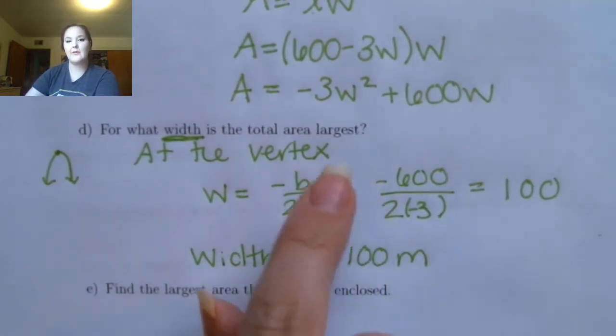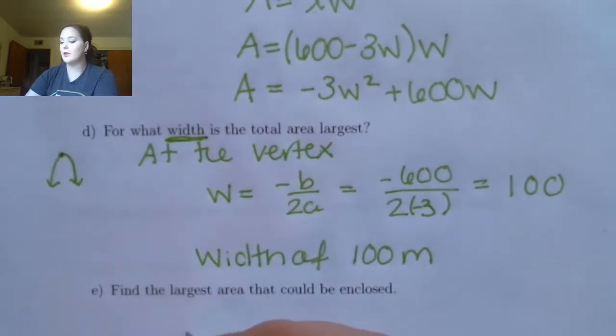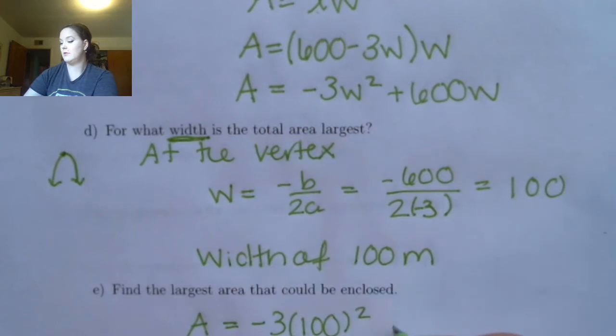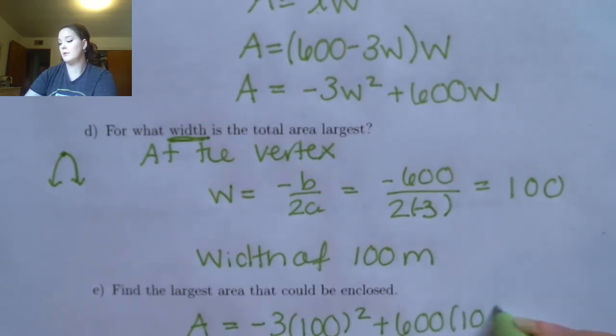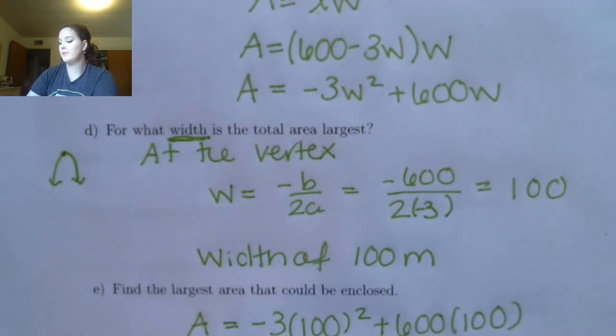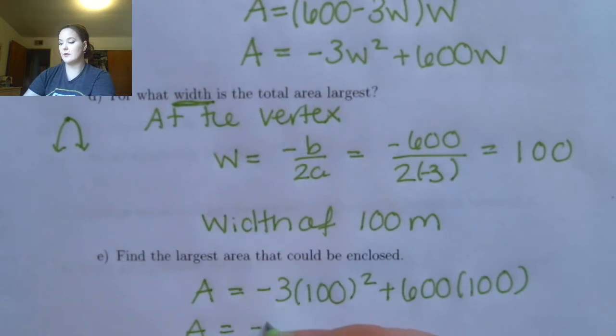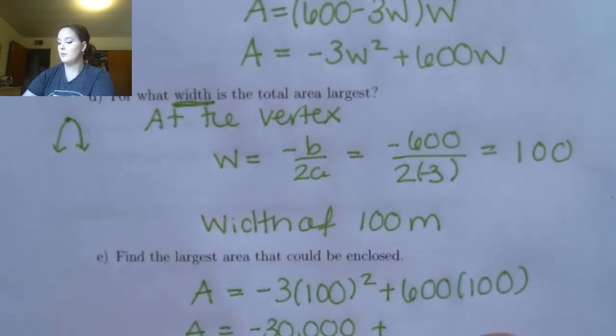Then find the largest area that can be enclosed, right? Now that we have a value for W, we can plug this in to find the area. 100 squared is 10,000, so this is going to be minus 30,000, plus 60,000.